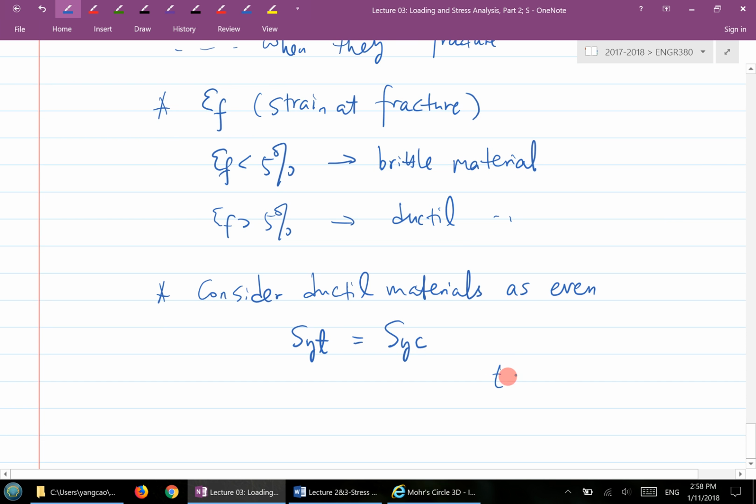So T is tensile, and C represents the compressive. And S_Y is the yield strength. So that's what the notation is here for.